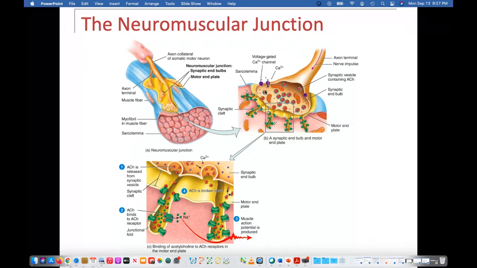And this acetylcholine is going to move to the very end of the axon. And when it moves to the end of the axon terminal, it's going to fuse with the end of this axon and open up, which we see happening here.